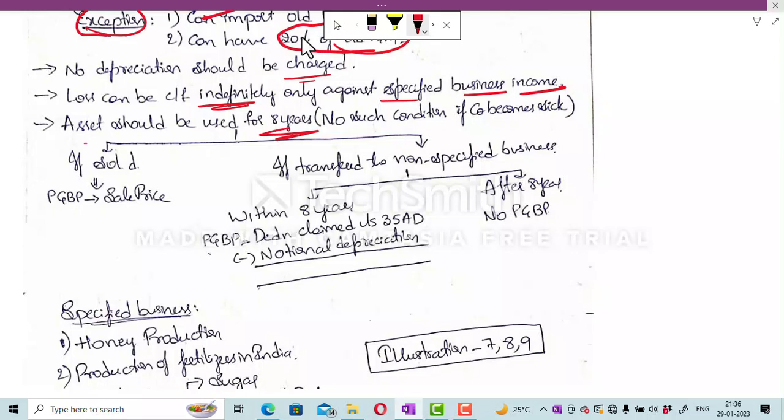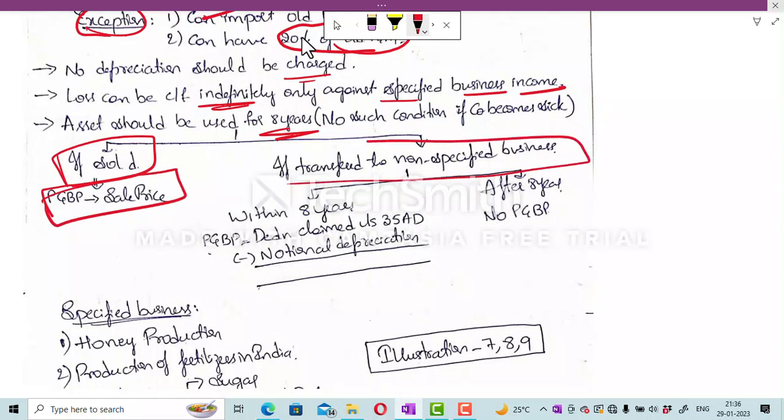Okay, if the company is not in a good position, then no such condition, they can sell. Okay, whenever they sell, our PGBP will be the sale price. Okay, if they transferred to non-specified businesses, meaning we do not have any sale price now, we have just transferred, then what will be the sale price?